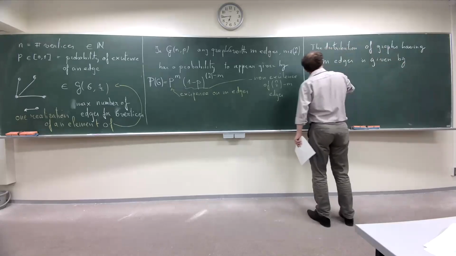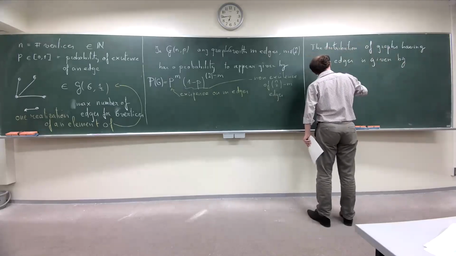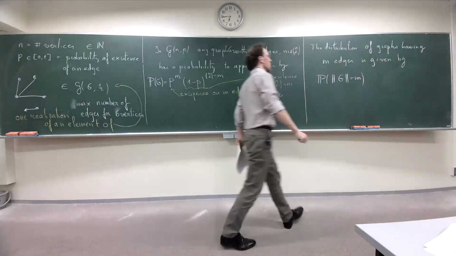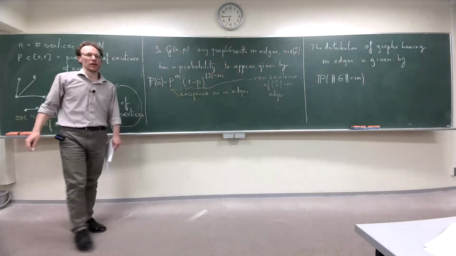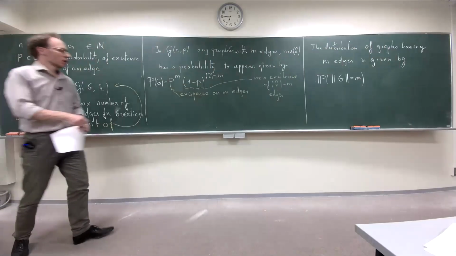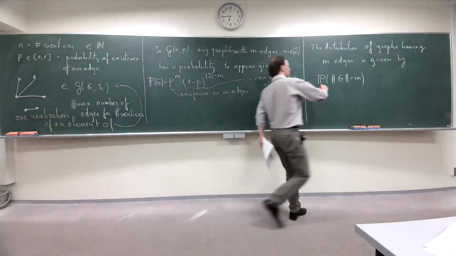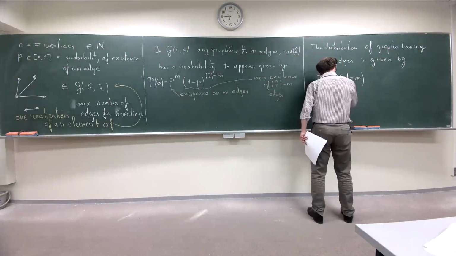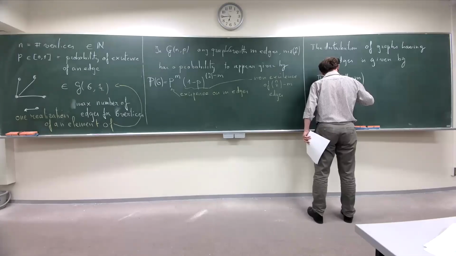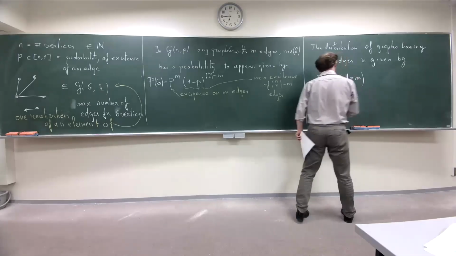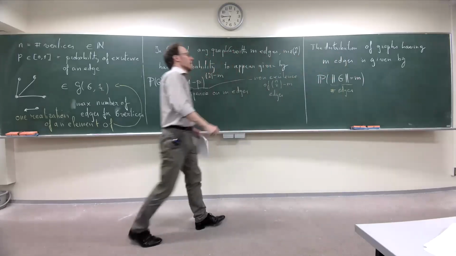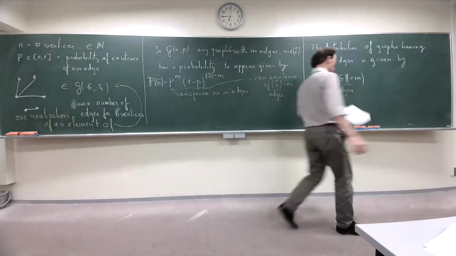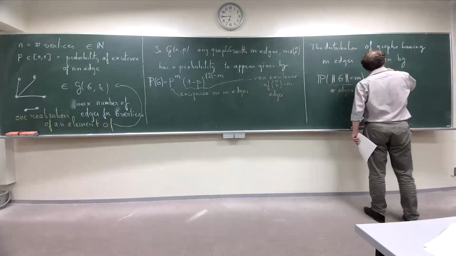The probability that a graph in this family has m edges. Remember, I have introduced this notation with a double line. It means number of edges. One line was the number of vertices. It was probably in the first lecture that I introduced this notation. The number of edges of a graph, what is the probability that this number is m?